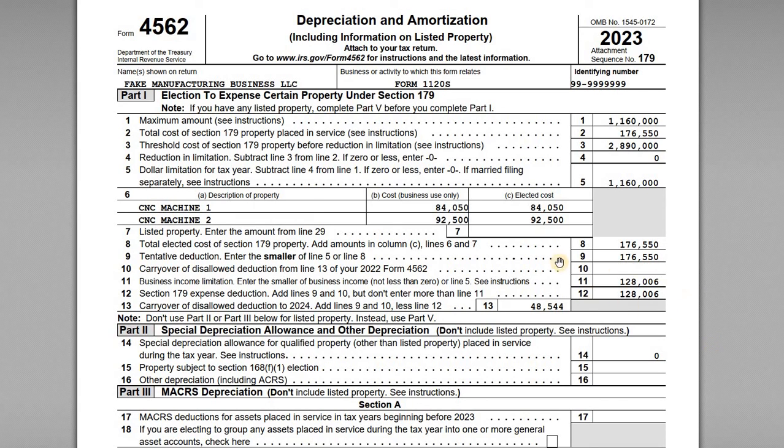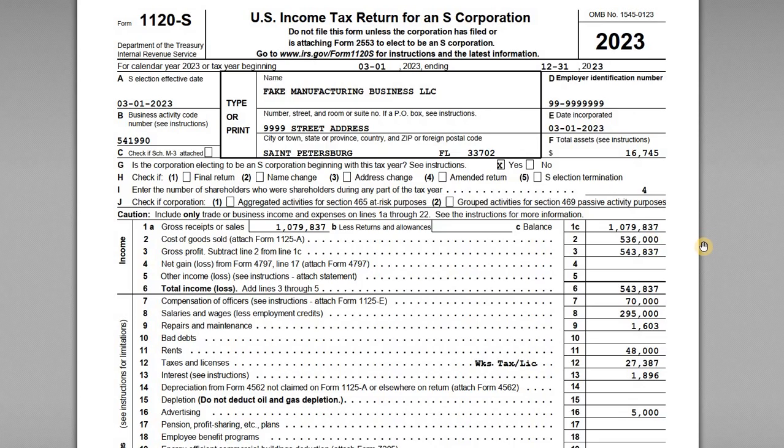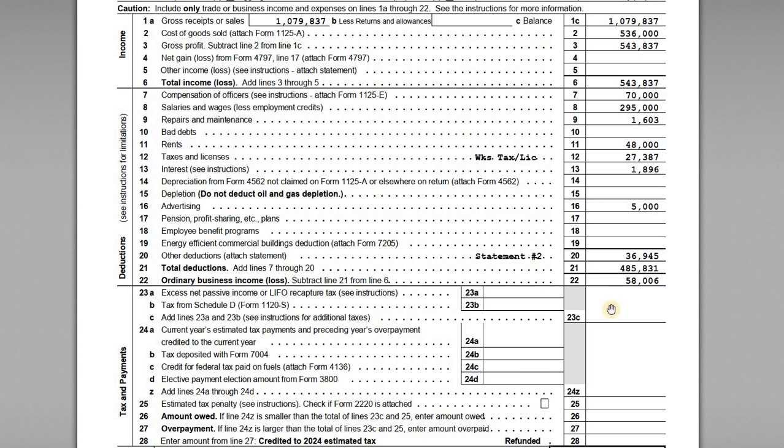Now here's the business income limitation part. So line 11, we have to enter the smaller of business income or line 5, right? So our business income, $128,006. Initially, the component in that is just your line 1 ordinary income. So line 1 ordinary income here is the $58,006.